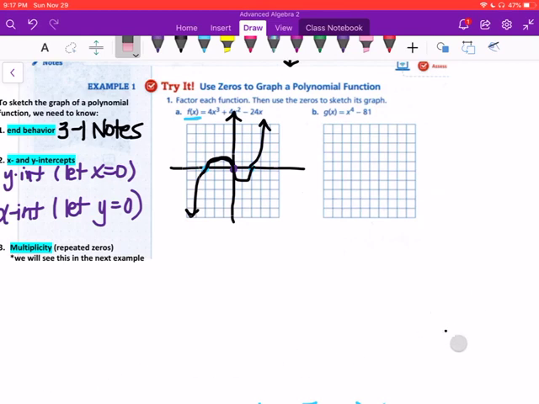Okay, so first thing I need to do, figure out the end behavior. So my end behavior, x to the 4th. For end behavior, I'm going to look at my leading term, which has an even degree.